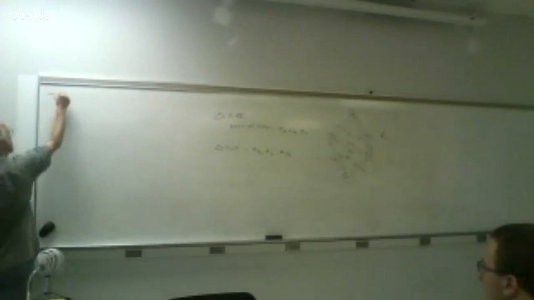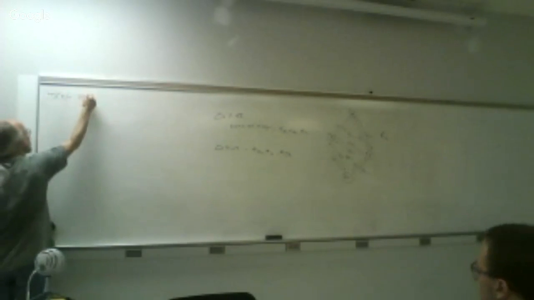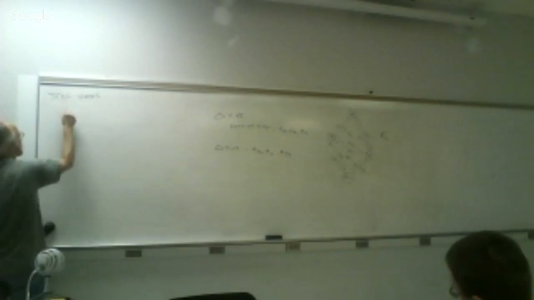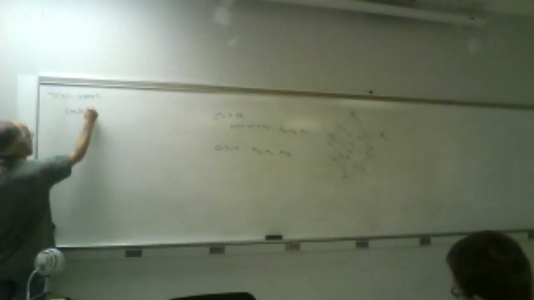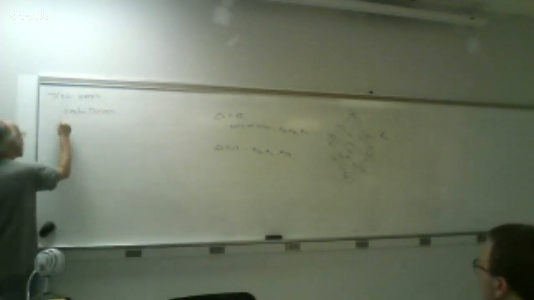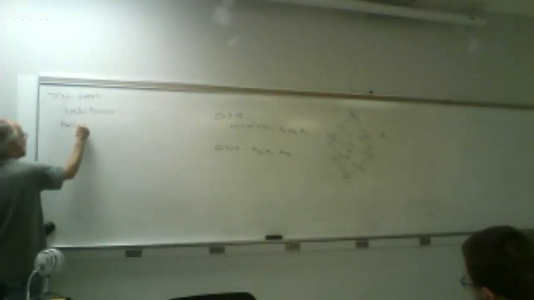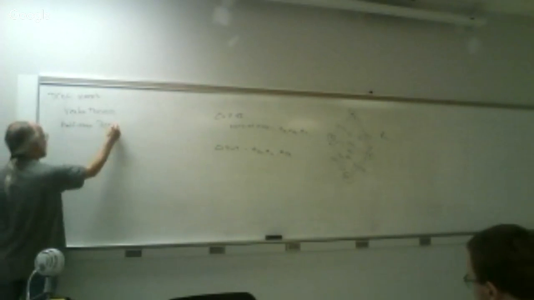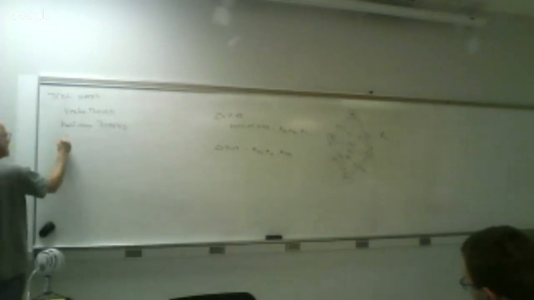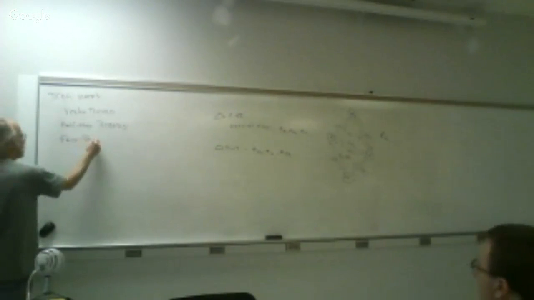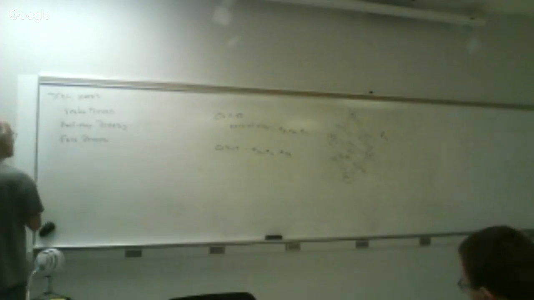So the DCEL keeps records for vertices, half edges, and faces. And we'll take each of these apart. They're not all the same. They're all actually quite different. It's the half edge record that really has most of the stuff in it.